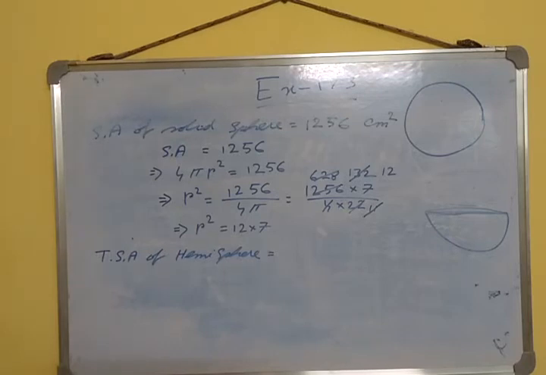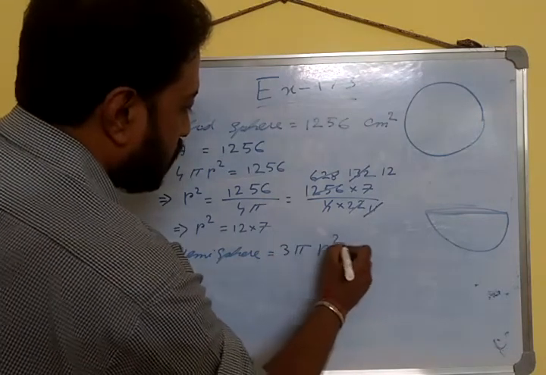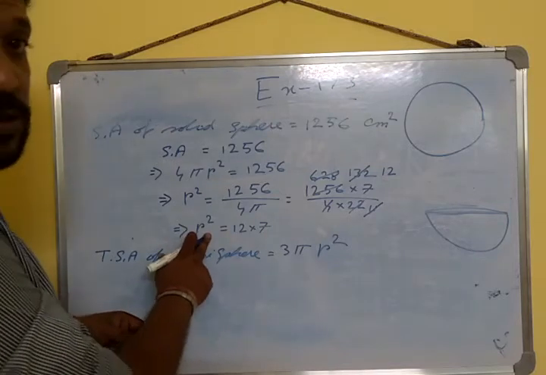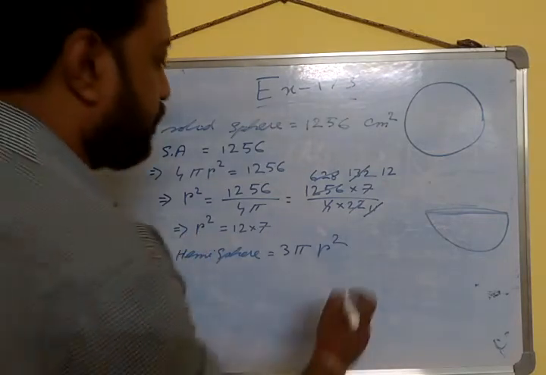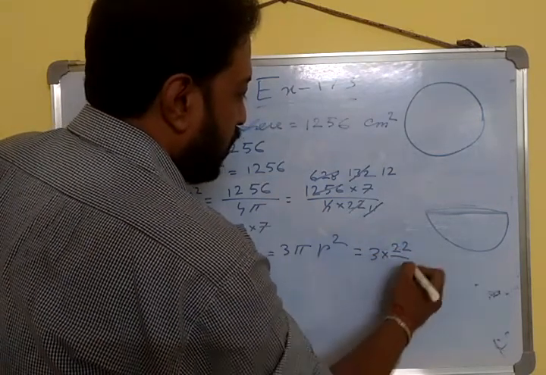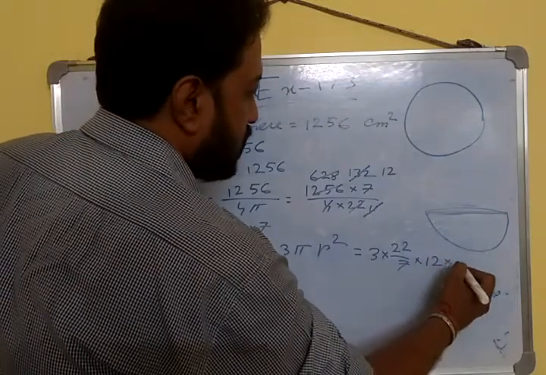Total surface area of a hemisphere is 3 pi r square. That is why I never changed this one. I didn't do the square root. I keep it as it is. So just put the value 3 into 22 by 7 into 12 into 7.